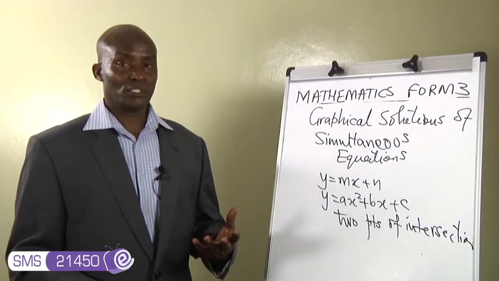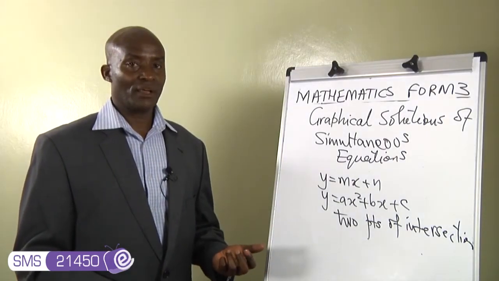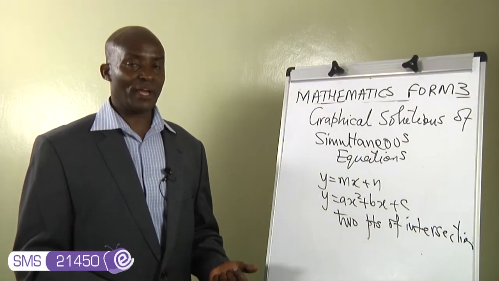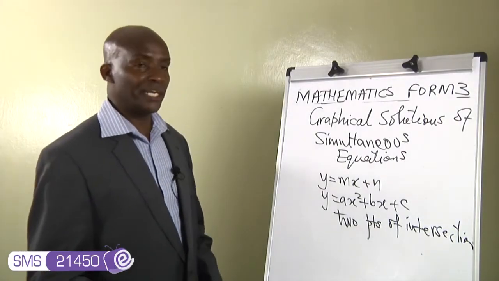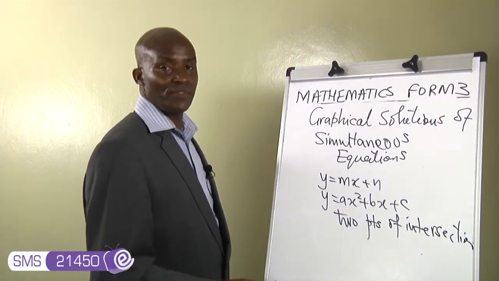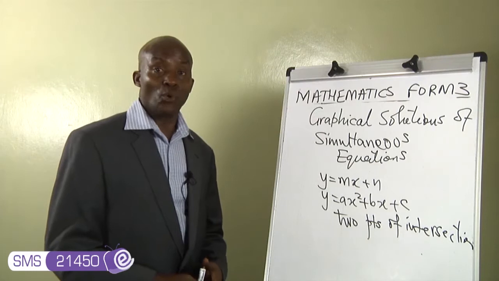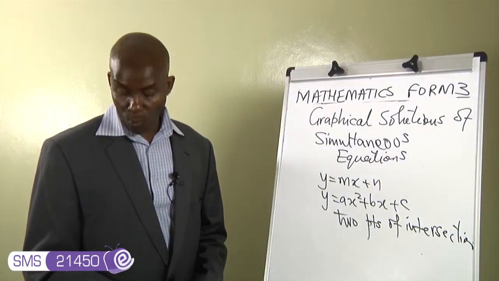Remember, any point on the Cartesian plane has both the x-coordinate and the y-coordinate. So the x-coordinate will give you the value of x, and the y-coordinate will give you the value of y. And since there will be two points, you will have two pairs of x and y.